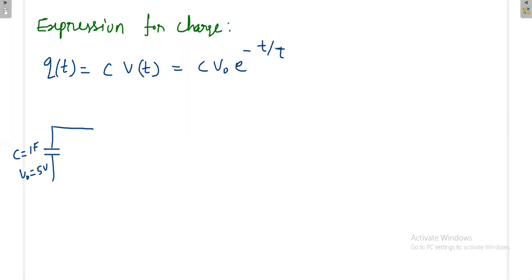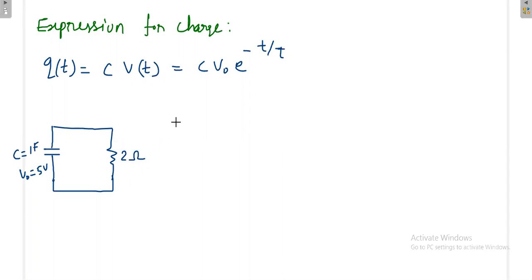Now this capacitor is connected with a resistance whose value is 2 ohm.